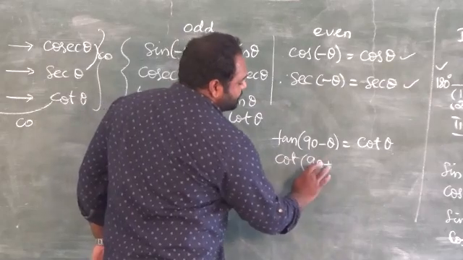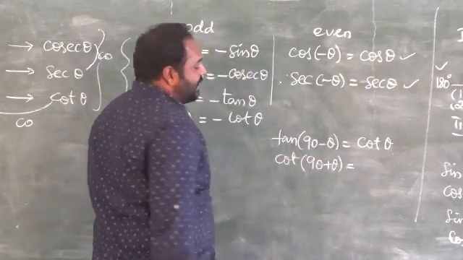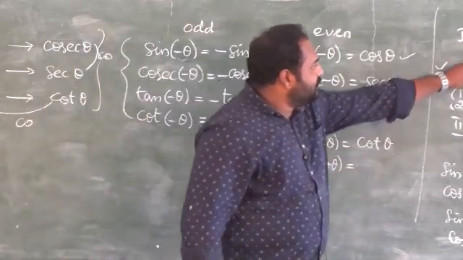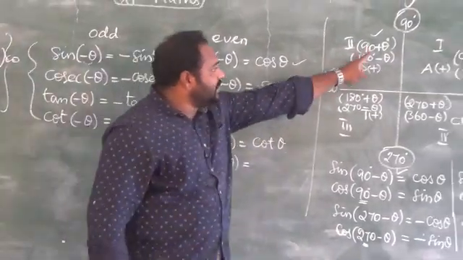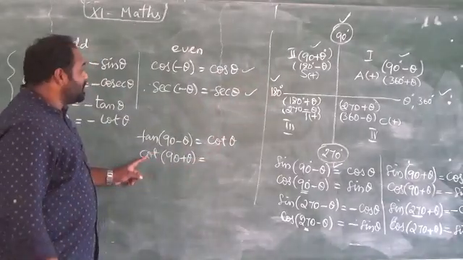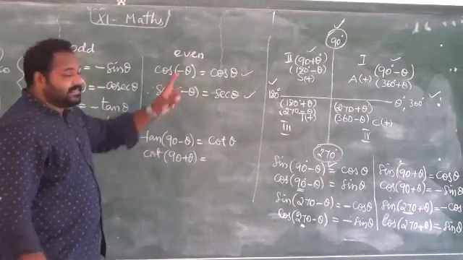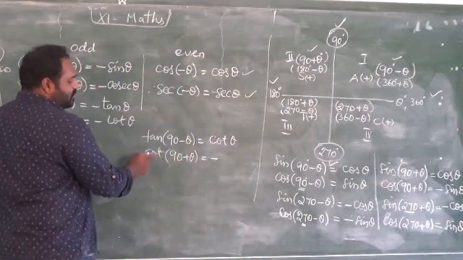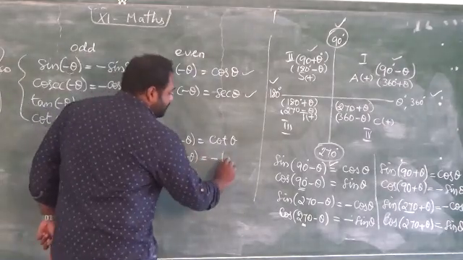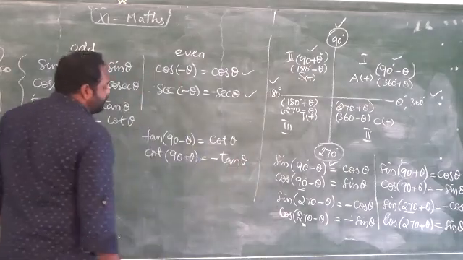Cot 90 plus theta, second quadrant. Cot is negative in the second quadrant, so minus. Then cot will become tan theta.